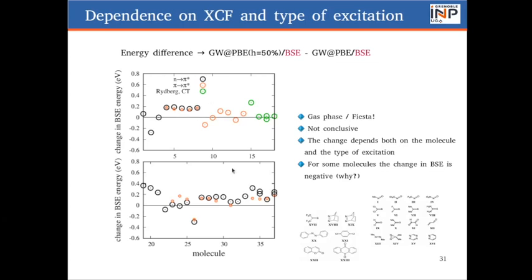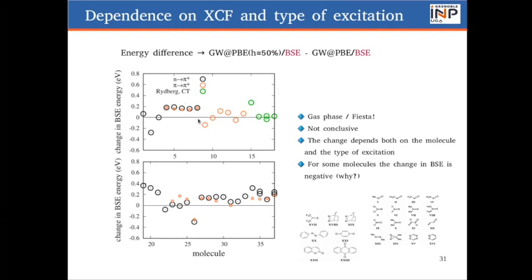So we used two different sets of molecules. Again, I'm plotting the change in the BSE energy. The black are the n-pi-star excitations, the orange are the pi-pi-star excitations, and the small orange are the excitations that we computed that were not reported in previous studies and literature. They come from the same molecule as the big black dot, and also are excitations that have the same hole, the same electron, the same pi-star excitation.